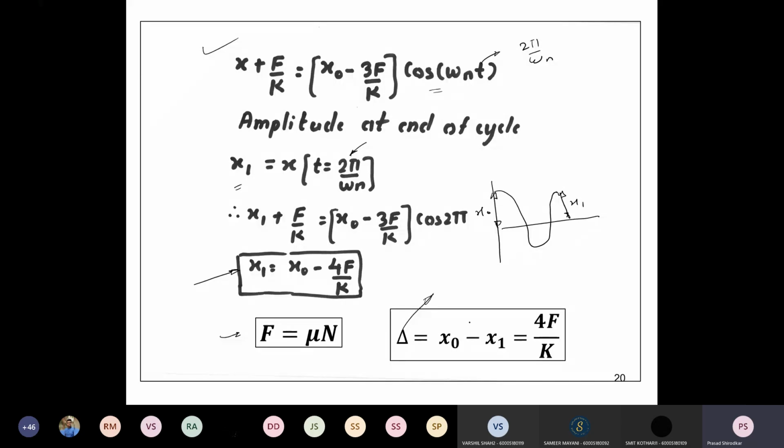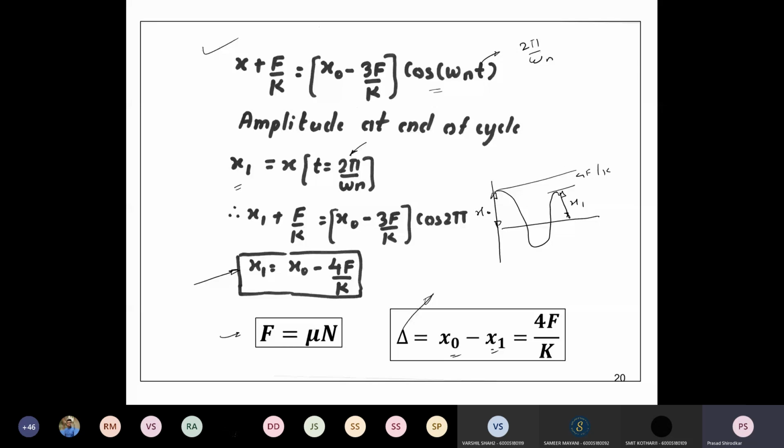All right. So x0 minus x1 is nothing but 4F by k. So this is how much the amplitude decreases at the end of one cycle. All right.